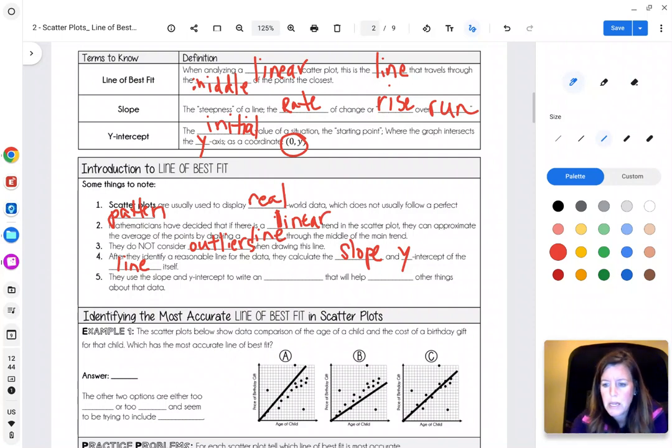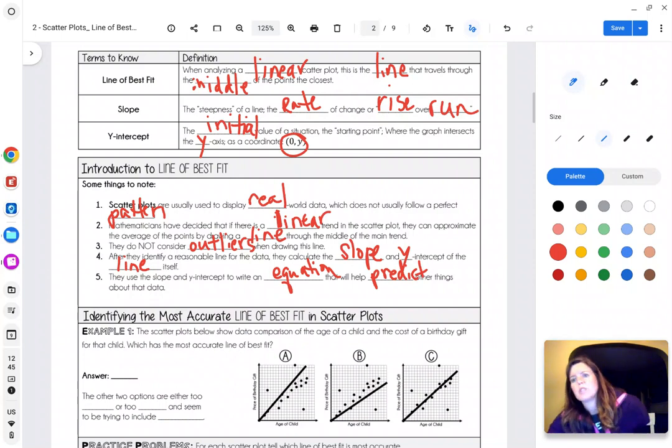Y equals mx plus b, then you make that line, or that equation of the line. They use the slope and the y-intercept to write an equation that will help predict other things about the data. So after you've made your line and you don't have any more data, because I've got this equation here, I can keep going with your points even though you don't have any more data, if that makes sense.